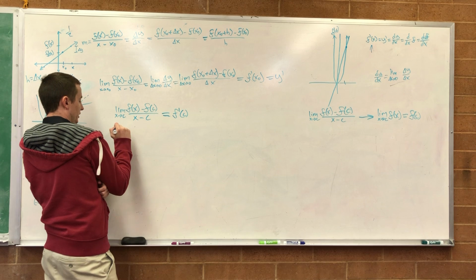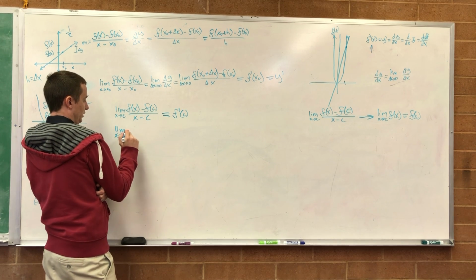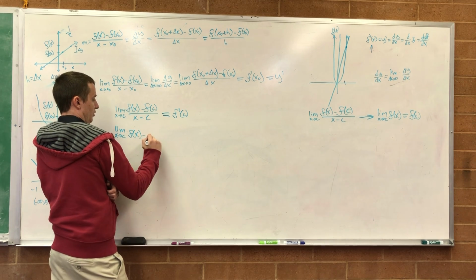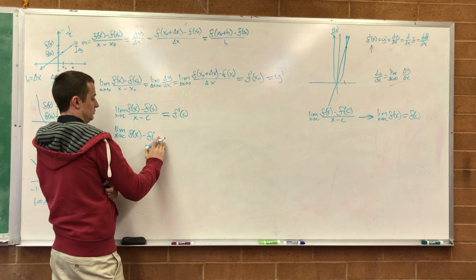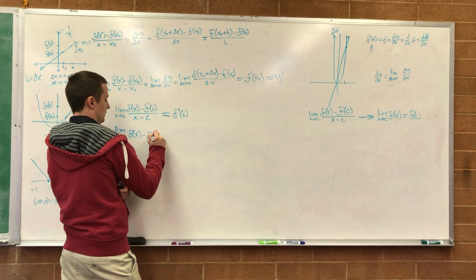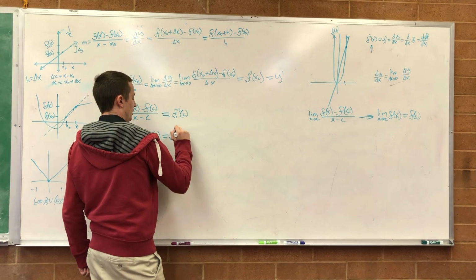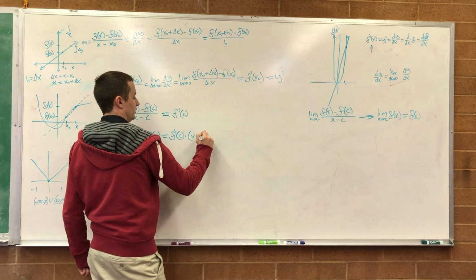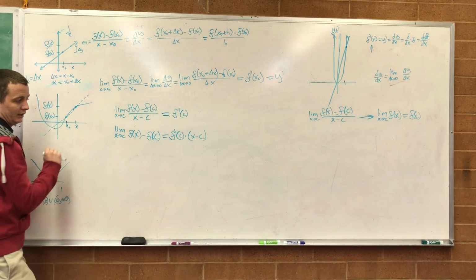So then the limit as x approaches c of f of x minus f of c is equal to f prime of c times x minus c, just multiplying both sides by x minus c.